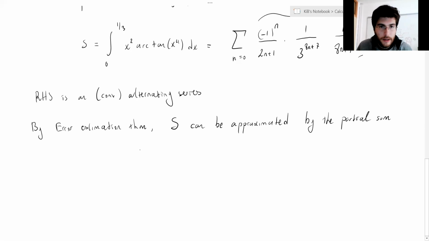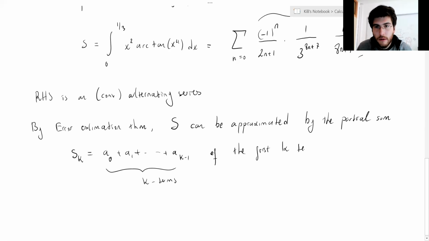let's say Sk. As before, we start with a0, a1, dot, dot, dot, a k minus 1, we have k many terms here. So we have this partial sum of the first k terms.